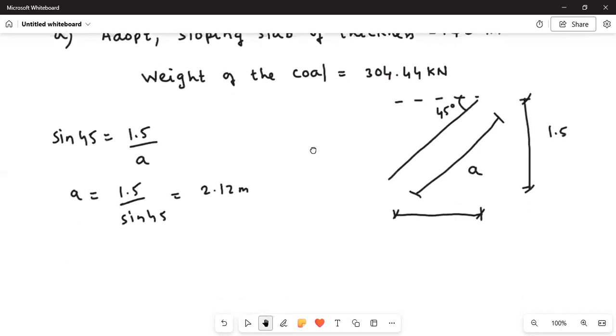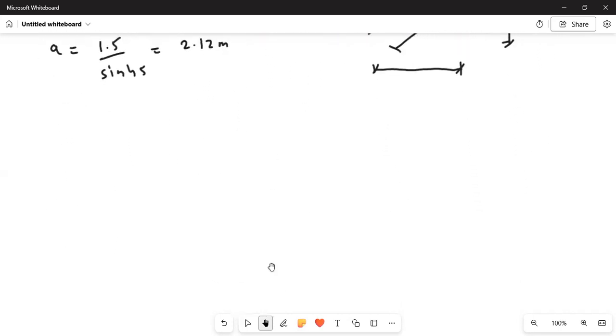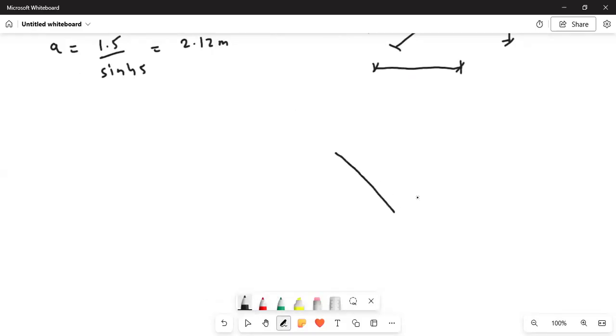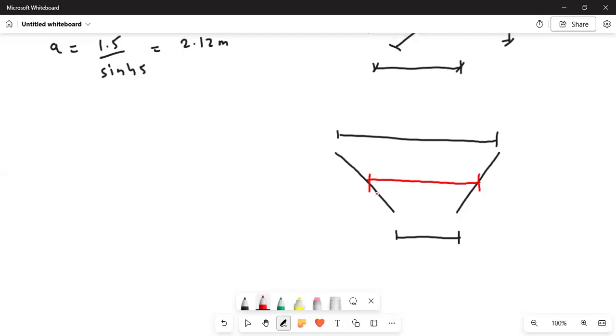Now we need to find the mean diameter of the sloping bottom. The diameter is not constant. At the bottom, the diameter is different, and at the top, the diameter is different. The top diameter is 3.5 meter, and the bottom diameter, the bottom opening, is circular.